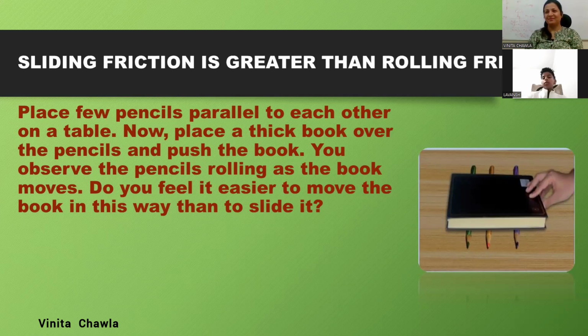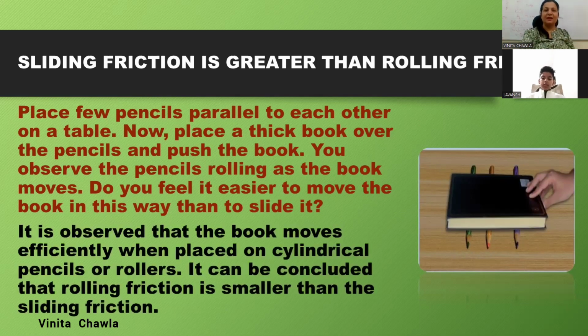The book can go farther, because there is less time to interlock with the surface. It is observed that the book moves efficiently when placed on cylindrical pencils or rollers. It can be concluded that rolling friction is smaller than static or sliding friction.